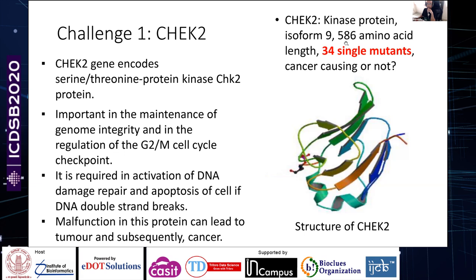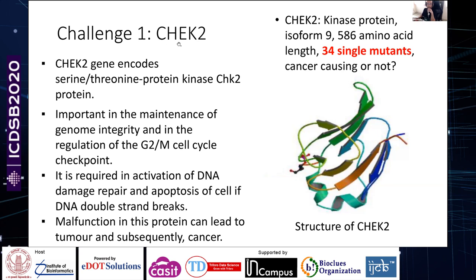It's a very large protein of 586 amino acids, for which patient data was available for 34 persons, and one had to tell which of these mutant patients had cancer or did not have cancer. Basically, genome sequencing was done on these patients, and the mutation information was accessed.